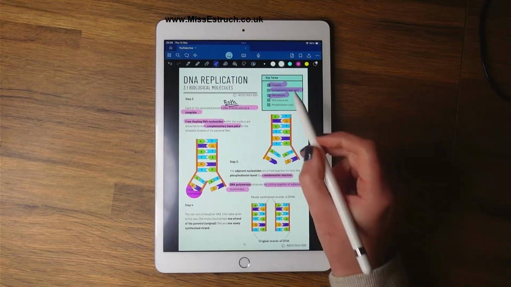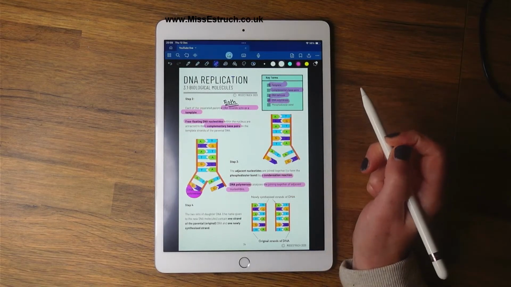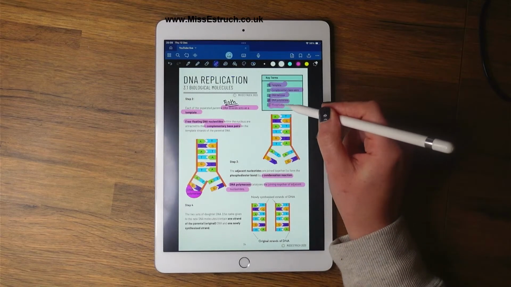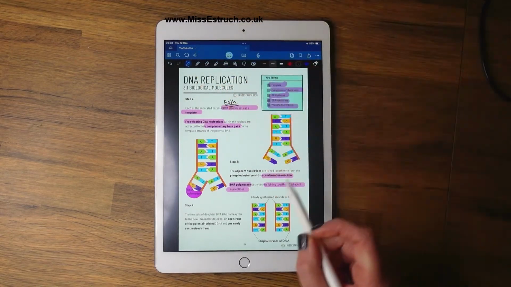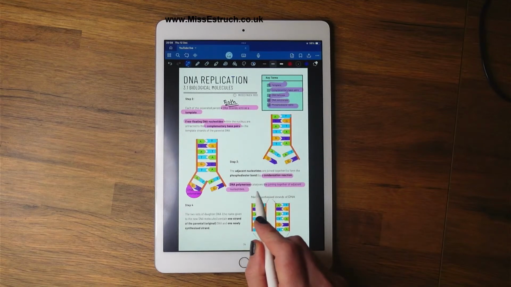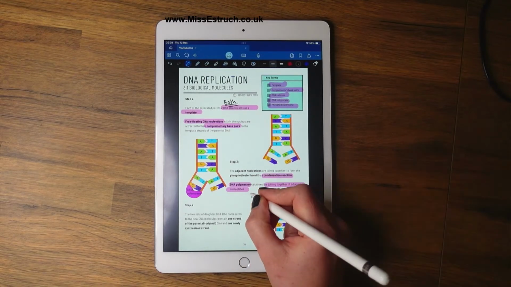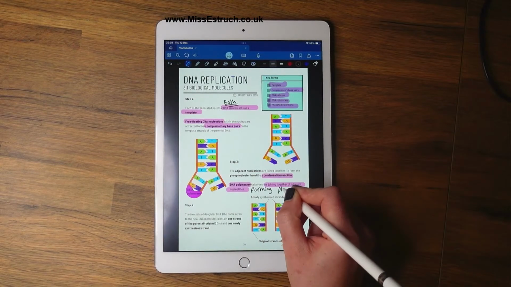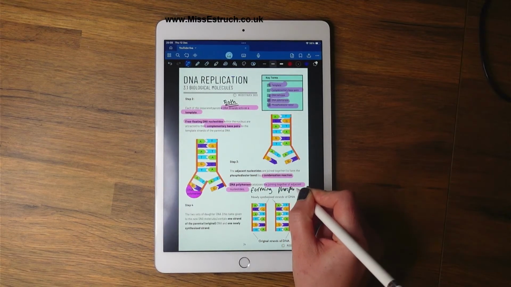That's another one that comes up a lot. So that was the DNA polymerase. Final thing then is this concept here of the phosphodiester bond, which I'm actually going to add in here. Joining adjacent nucleotides together, let's say forming phosphodiester bonds.